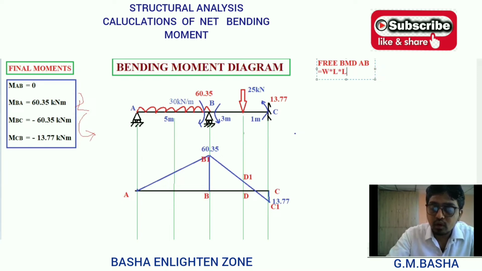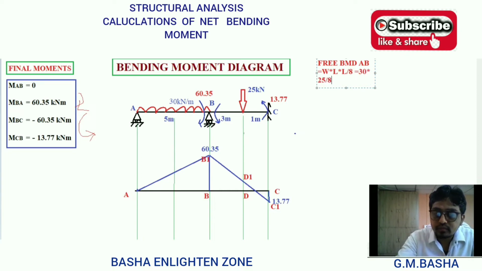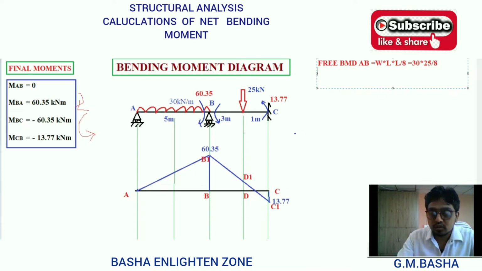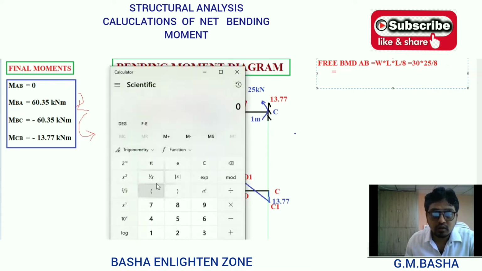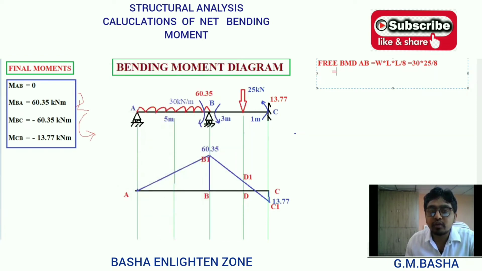So how much will you get? 30 into 5 square, that is 25, divided by 8. 30 into 25 divided by 8 will be 93.75 kilonewton meter. Based on that, I am drawing that one.